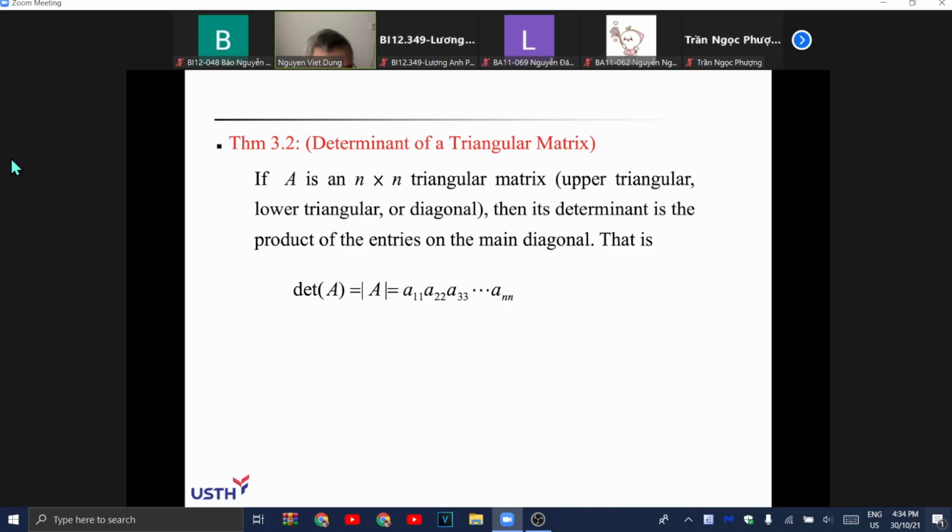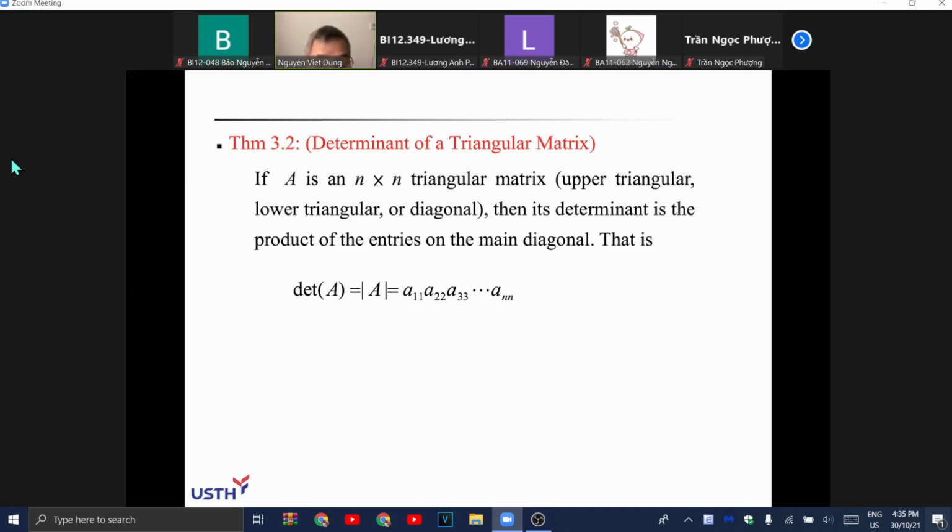We don't care about the other entries. We know immediately that the determinant of A will be a11 multiplied by a22 multiplied by a33, up to a_nn. So it is very easy to find that. We don't care about other entries except those lying on the main diagonal.